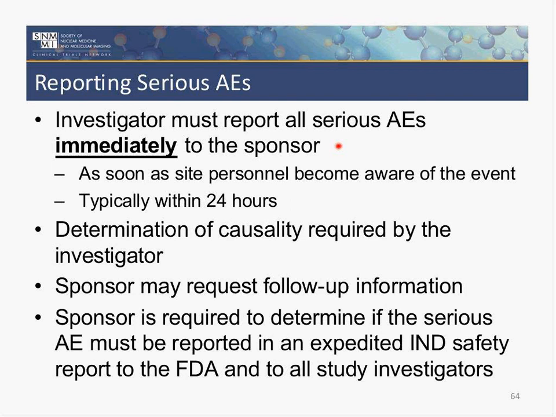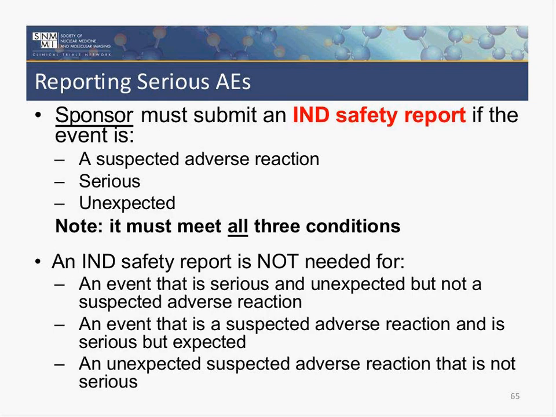The relationship to the study would be determined by the investigator. The sponsor is going to request follow-up information, and then the sponsor determines if this is a serious AE that must be reported in an expedited manner. The sponsor submits a special report, an IND safety report, or investigational new drug safety report, if it's an adverse reaction that is serious and unexpected; it has to meet all three conditions.